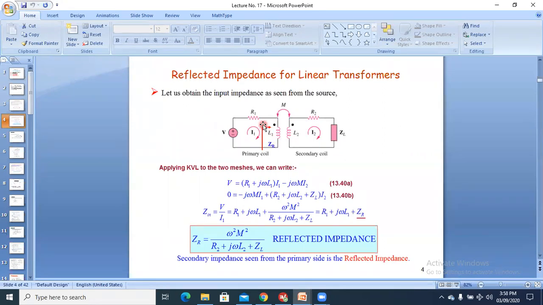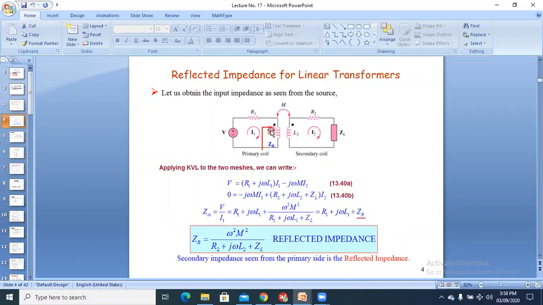that if the impedance is mismatched, the maximum power cannot be transferred to the load. So for this, we calculate the reflected impedance of the network.